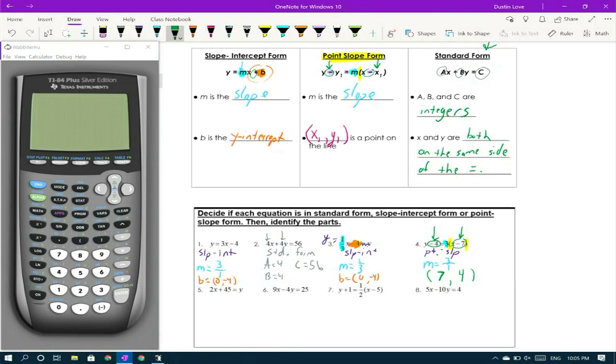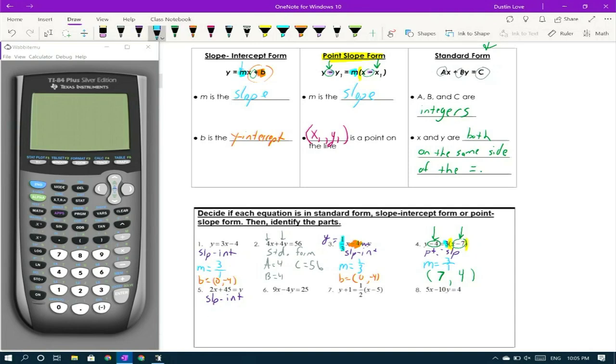All right, let's look at number 5. 2x plus 45 equals y. Again, the x and y are on different sides, so it's not standard form. There's no parentheses, so it's not slope-intercept. Again, if I move that y to the other side, just like number 3, this would be a slope-intercept. I'm not going to write it that way, like I did last time, because I think we can see it by now.